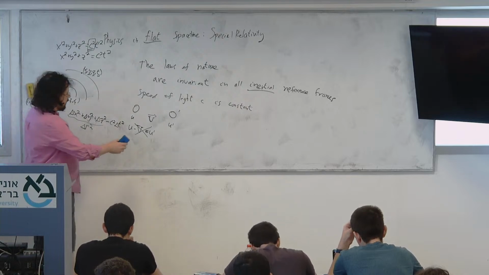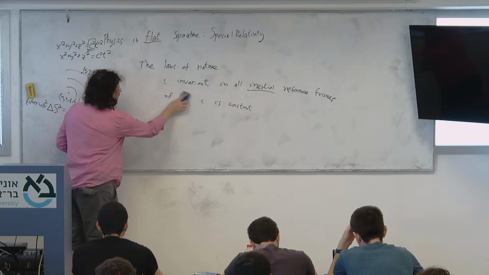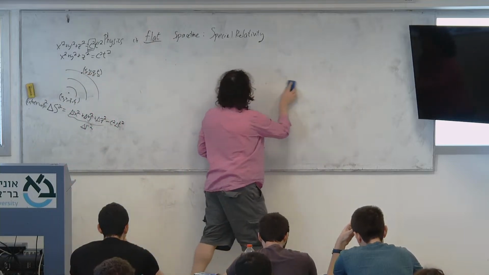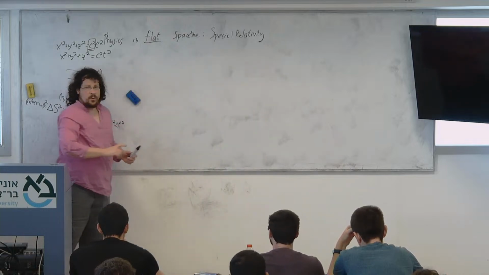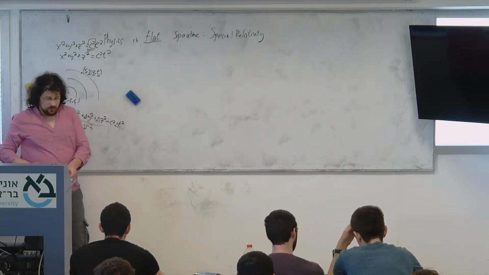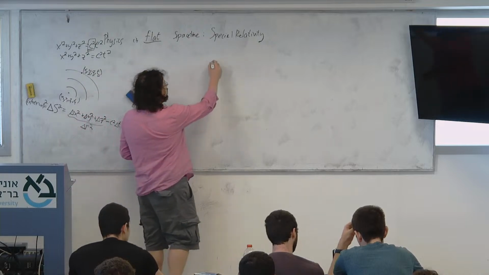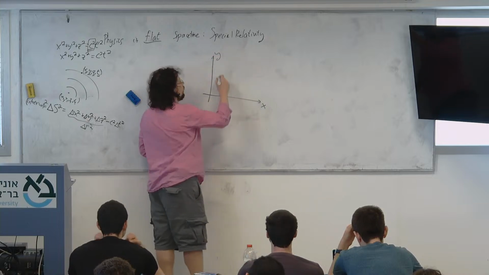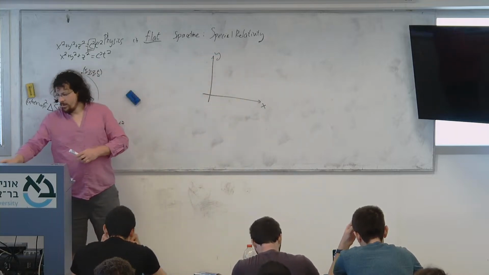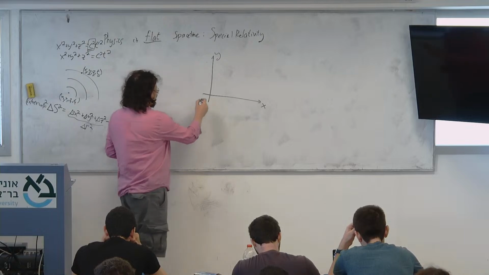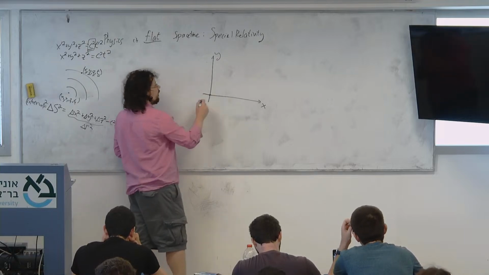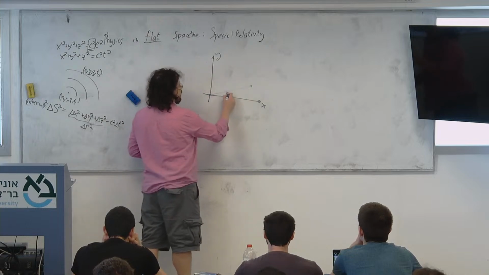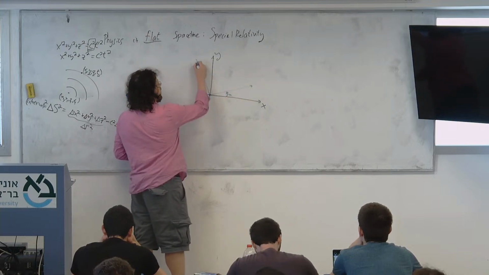And of course, this concept of an interval that's conserved is very, very similar to the notion of distance that you know from two-dimensional Euclidean space. That is, if I have an x and y reference frame, and I keep the origin at the same place, but now I rotate by alpha, and I keep the axes perpendicular.